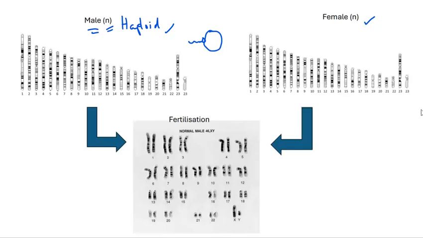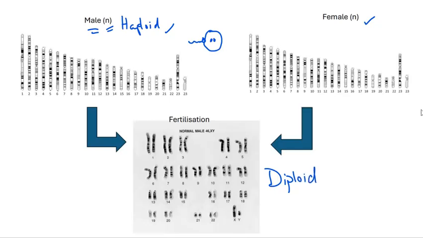when this happens, the nucleus of the sperm cell combines with the nucleus of the egg cell, and in doing so, the chromosome number is doubled, and of course we refer to that as the diploid state.